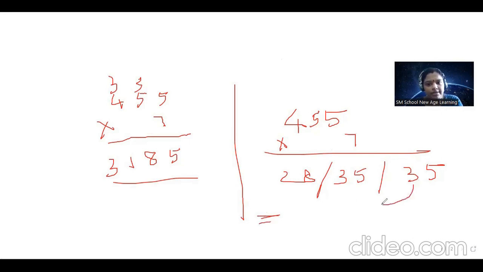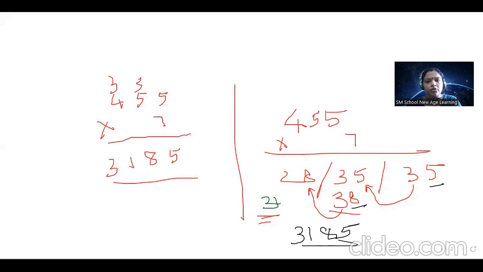So using the thumb rule method, I add 35 plus 3. I add this 3 to this 35, so it becomes 38. Now again using the thumb rule technique, I add this 3 to this 28. So 28 plus 3 becomes 31. So on the whole, the answer becomes 3, 1. You write this 8 here and you write this 5 here. Yes? Okay.